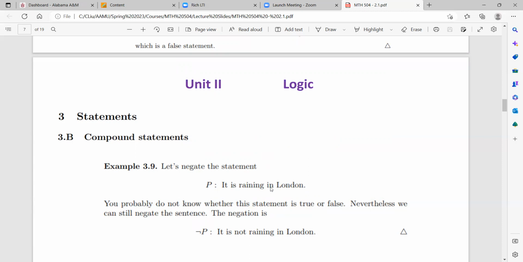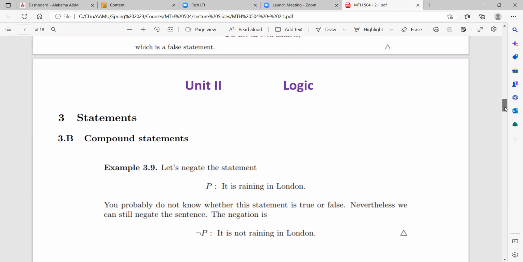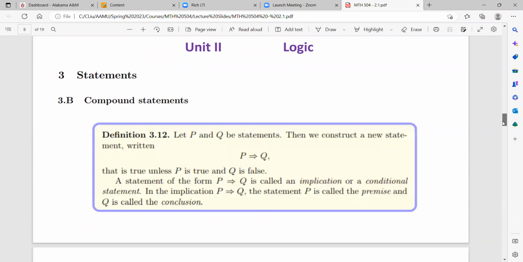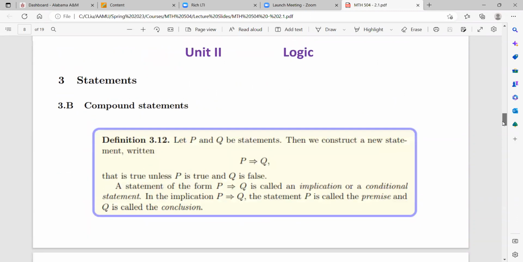That's a fact. It's either raining or not. Okay, so that's a statement. So we still can negate the sentence. So the negation is it's not raining in London. Okay, obviously, it's not the case that it's raining in London, whatever the way you say it. Yeah, that's pretty straight.